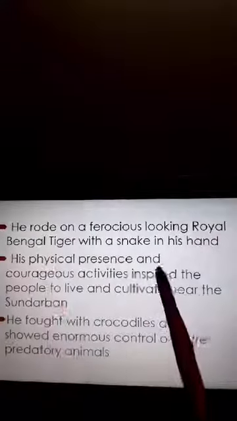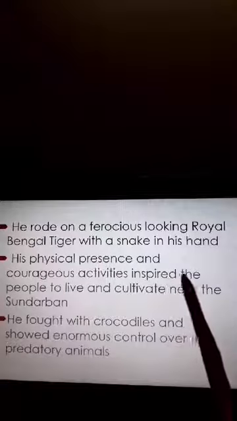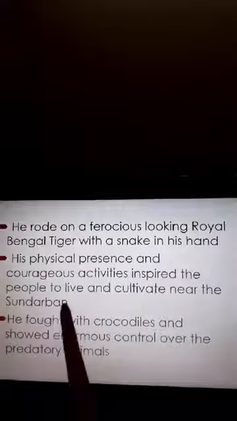His physical presence and courageous activities inspired the people to live and cultivate near the Sundarban. This is a very important point to mention. He fought with crocodiles and showed enormous control over the predatory animals.